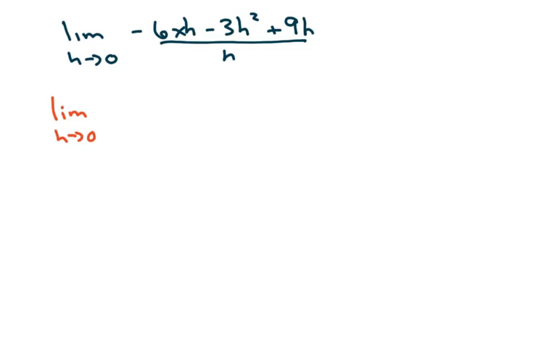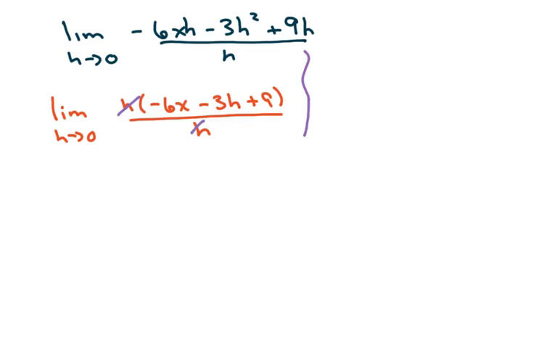First of all, I want to factor out an h. So I get negative 6x minus 3h plus 9, over h. And what will happen is the h's cancel.